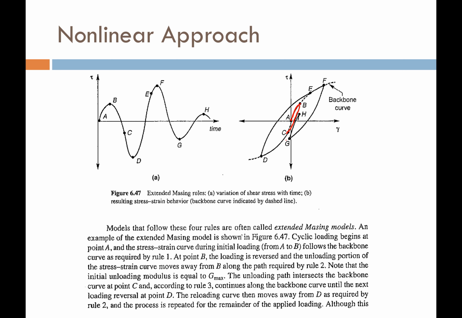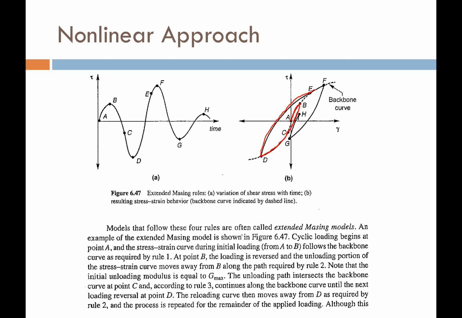Okay, then if I change directions, let's say I want to take it all the way to D. So once I hit the backbone curve, I'm just going to follow the backbone curve until I change directions. Then once again, as I change directions, it's going to be the shape of this backbone curve just multiplied by a factor of 2 coming back the other way until I hit and intersect the backbone curve again.